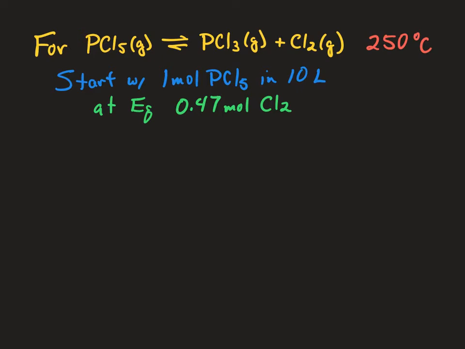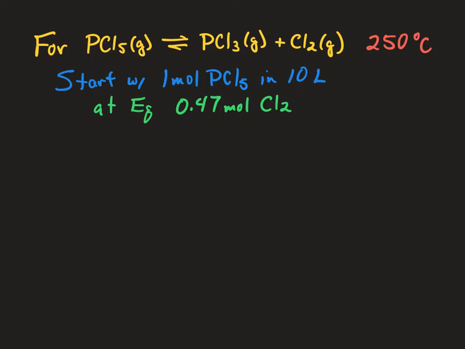In this problem, we are starting with 1 mole of phosphorus pentachloride in a 10-liter container. Then we let it reach equilibrium, and at equilibrium we measure the amount of chlorine in the reaction and find there is 0.47 moles.